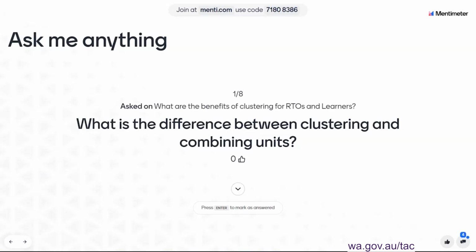So I think the real difference between those two terms is that clustering is where there is a real integration of the delivery and possibly the assessment, one or other or both of those things, whereas combining is just like putting them together like carriages on a train.